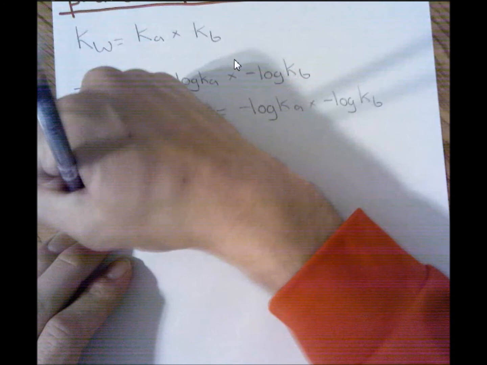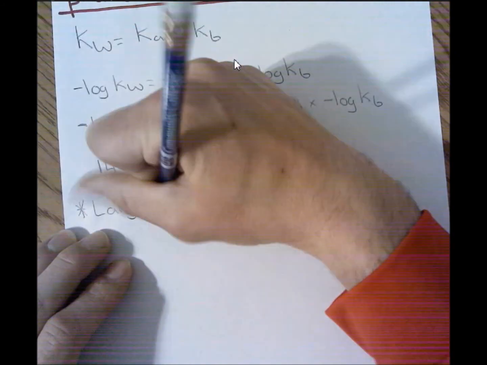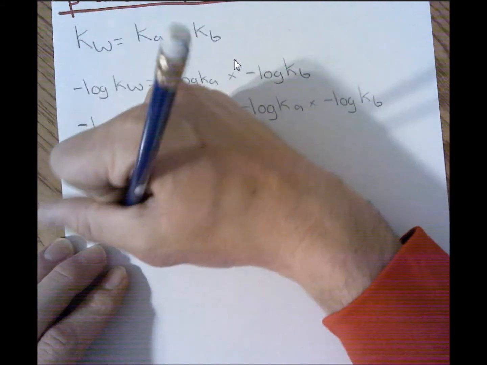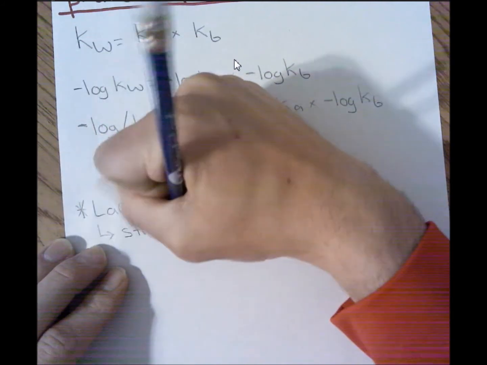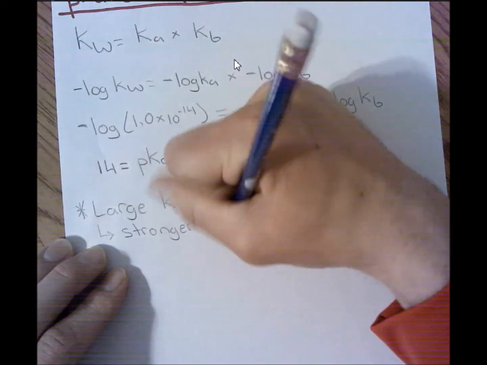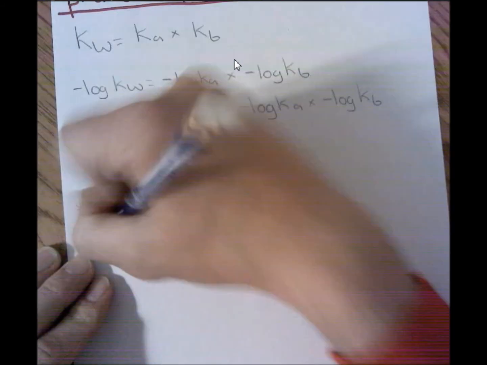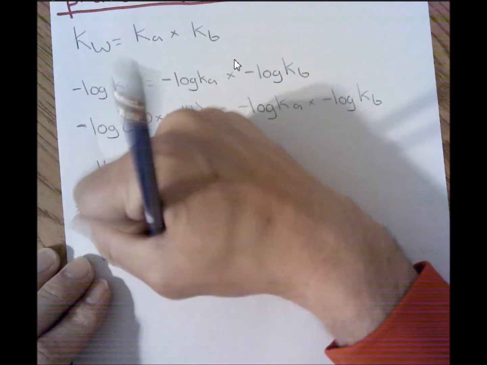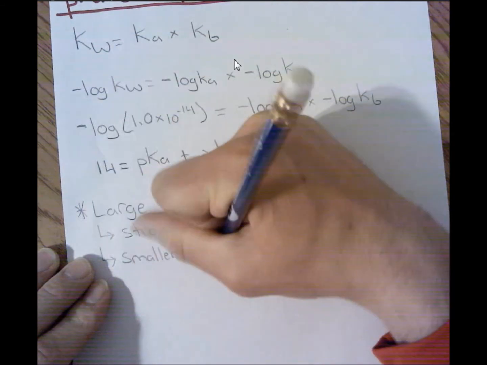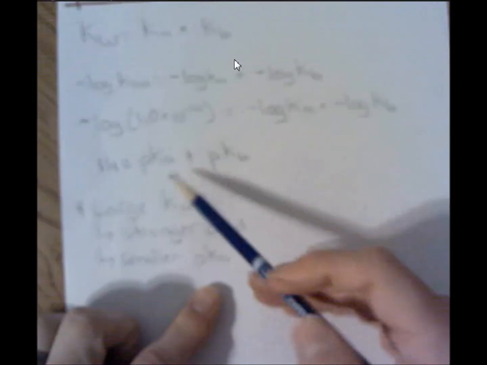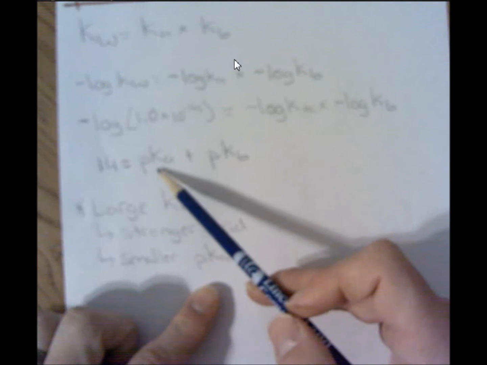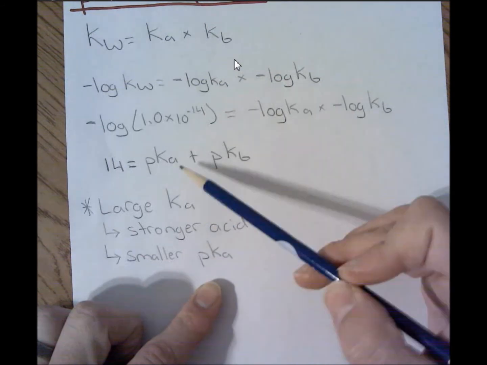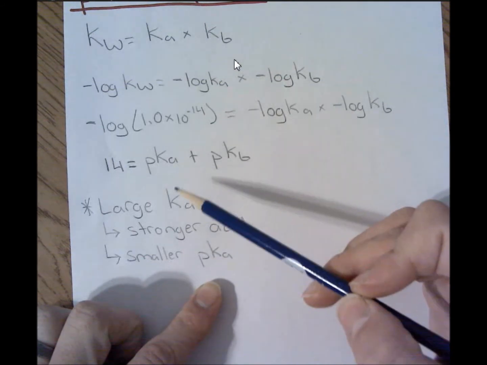If we have a large Ka, that means we have a stronger acid. And what that means here is that we are going to have a smaller pKa. It makes sense there, right? If we think about pKa in terms of something like pH, which is very similar, the smaller the pH, the stronger the acid.